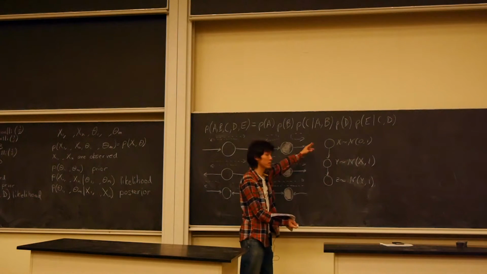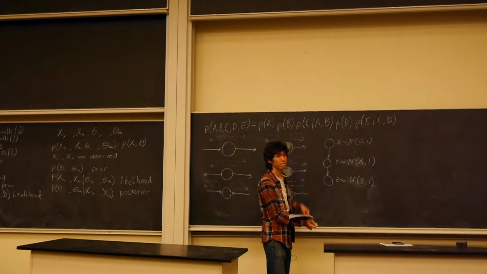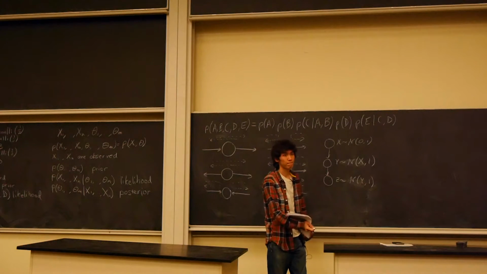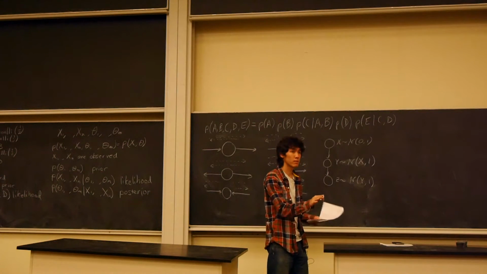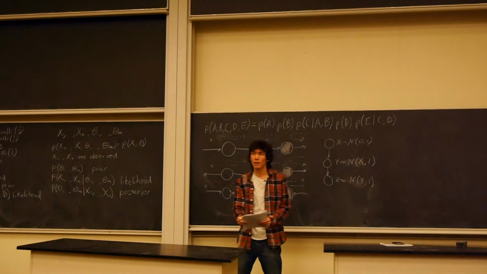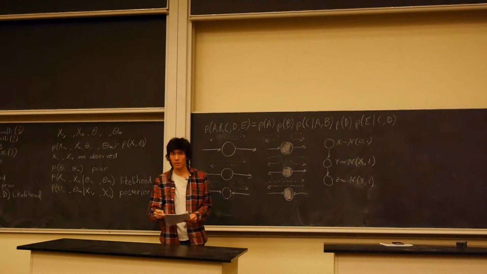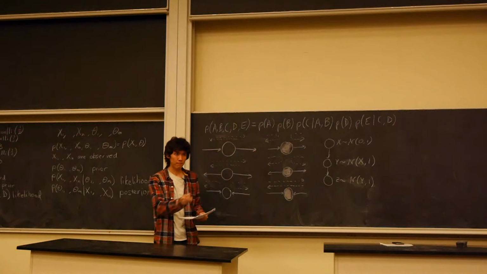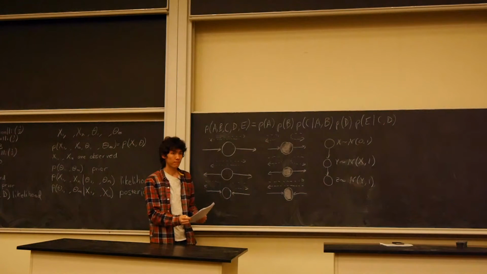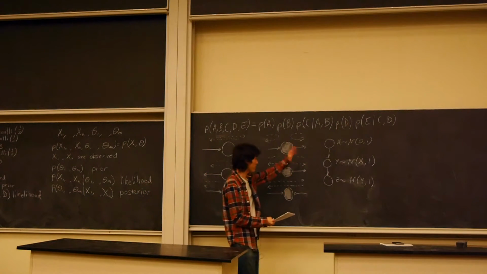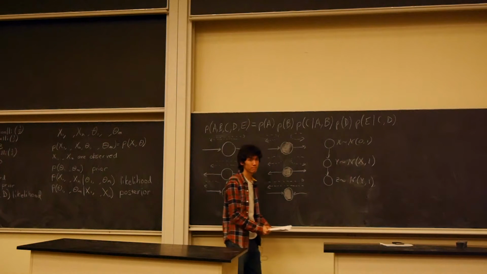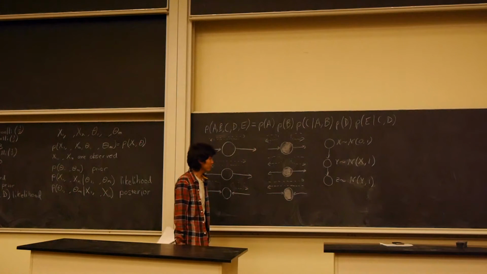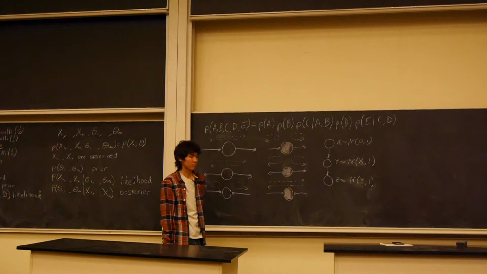So that means that the ball has to pass through Y. Does that make sense? Okay, cool. Any other questions? So in this case, they're all dependent. Yeah, everything is dependent.